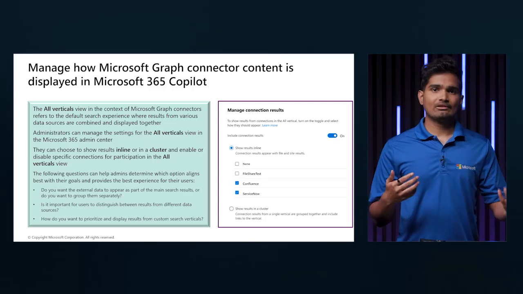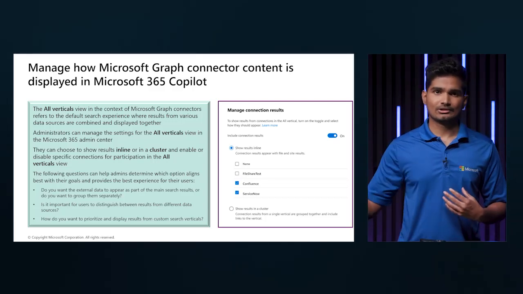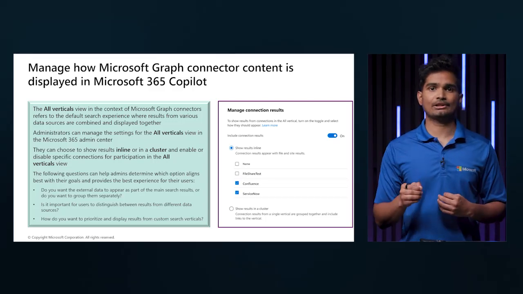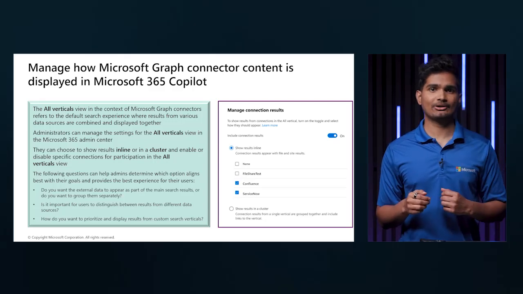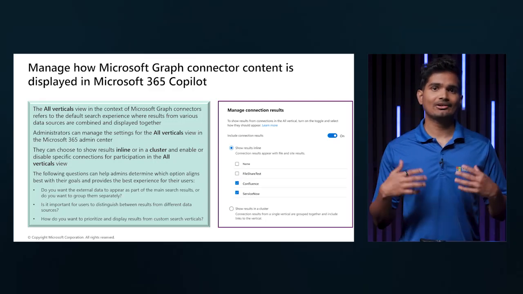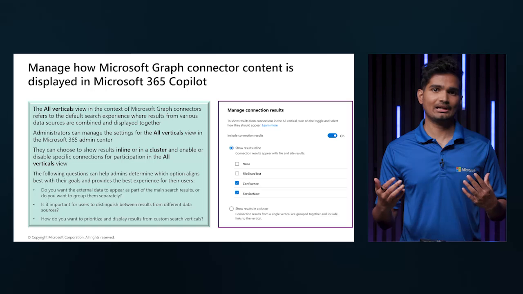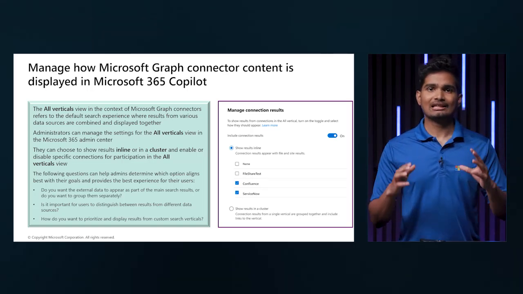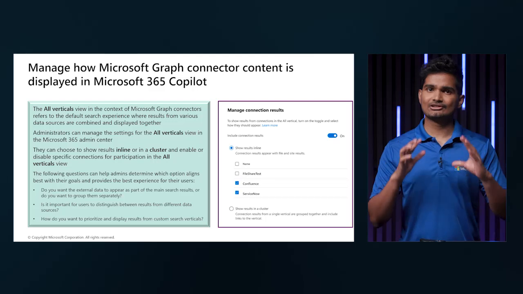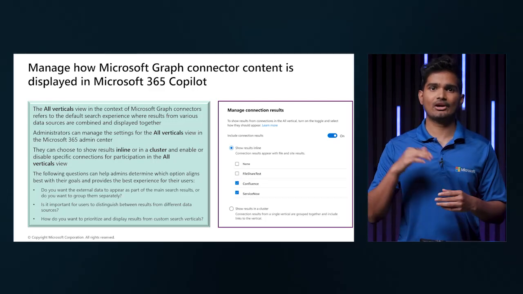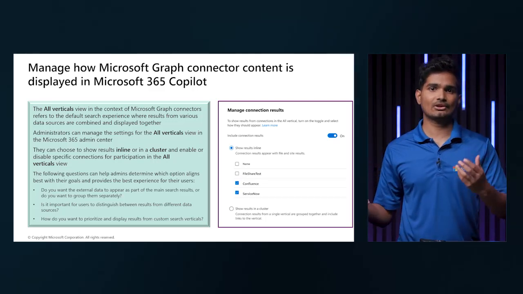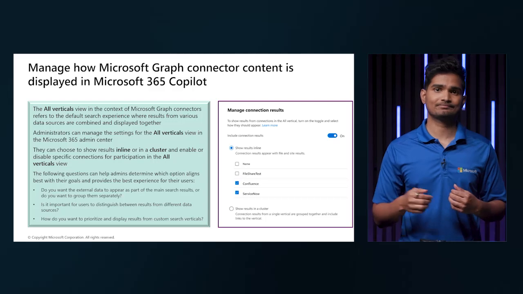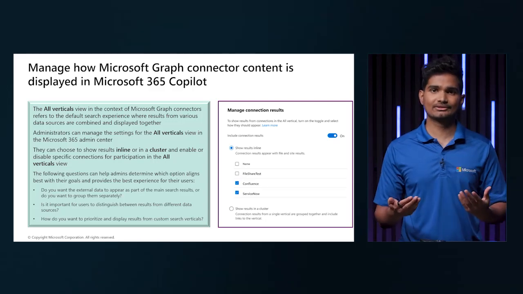Choosing between inline results and result clusters depends on your specific use case and user experience you want to provide. Here are some considerations to help you decide. Inline results, seamless integration. If you want external data to blend seamlessly with other search results, inline results are a good choice. Default experience.